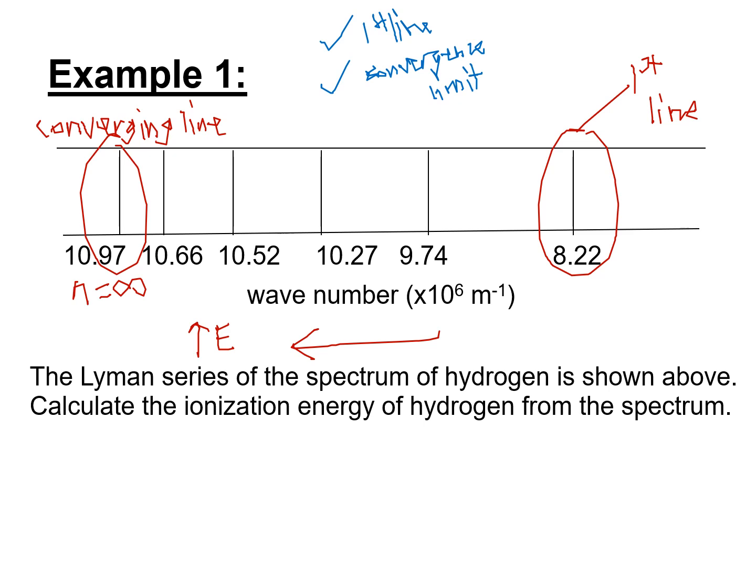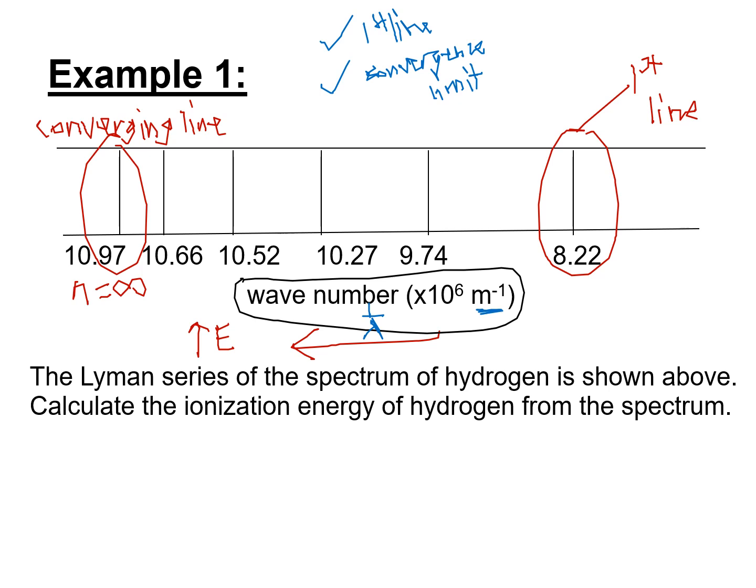Okay, and what do these numbers represent? These numbers represent the wave number. Wave number has units of per meter. Wave number is 1 over wavelength, so that's why it is per meter.